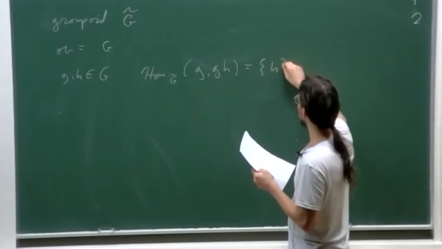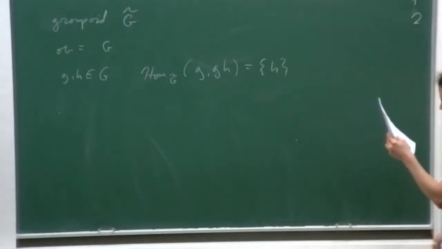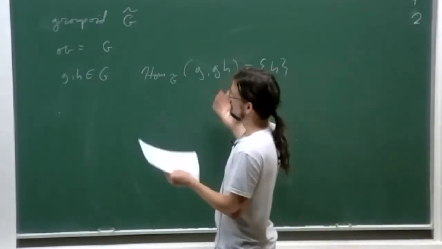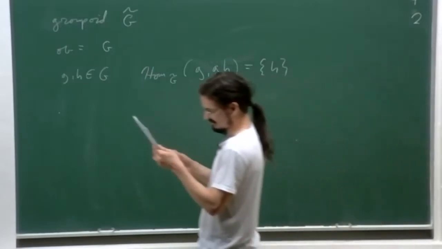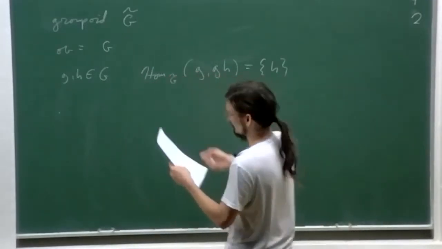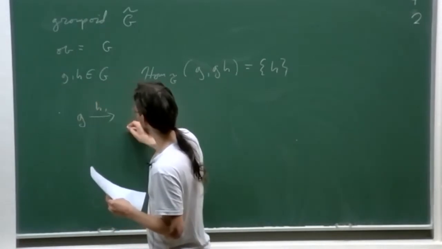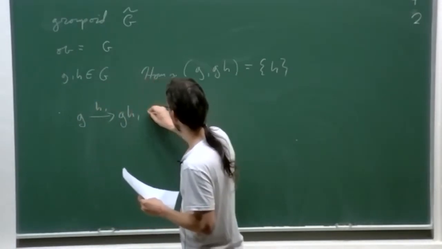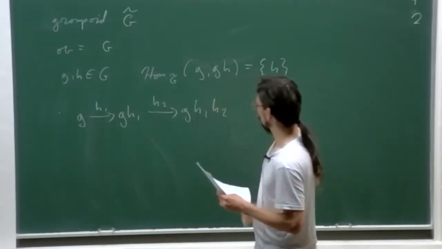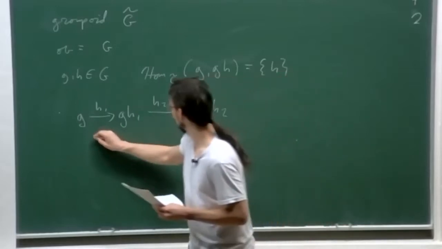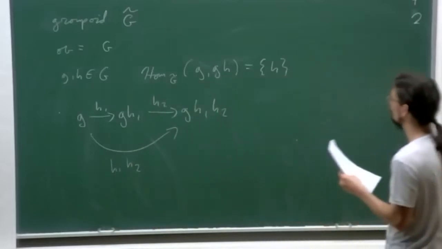So this is a singleton, so it's not too exciting. The point is how I'm writing these up, because that's going to give us, in an easy way, the simplicial structure on the universal bundle. Again, how you take composites is that you've got h1 going from g to g h1, you've got h2 going from g h1 to g h1 h2, and then you just compose.